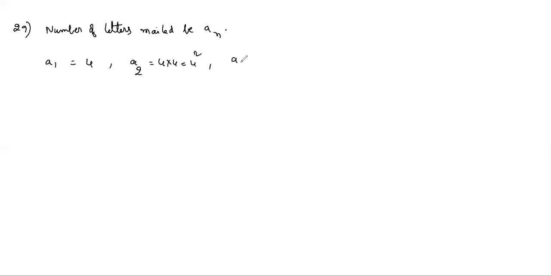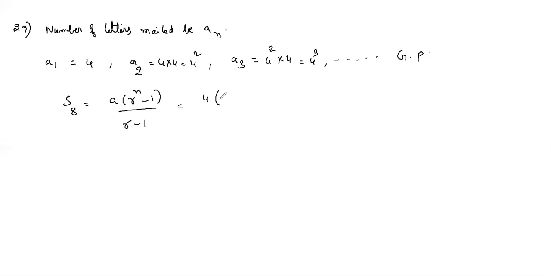Next, the third one: these 4 square persons each write 4. So 4 square into 4, that is 4 cube, and so on. So this is a geometric progression, and after the eighth set we have to find S8. S8 equals a into (r^n minus 1) by (r minus 1). The first term is 4, the common ratio is also 4.